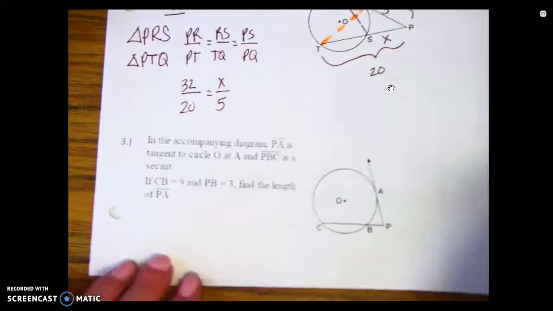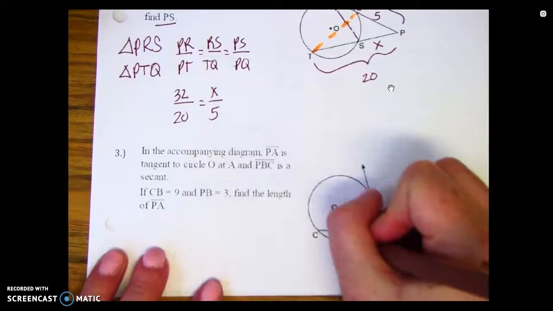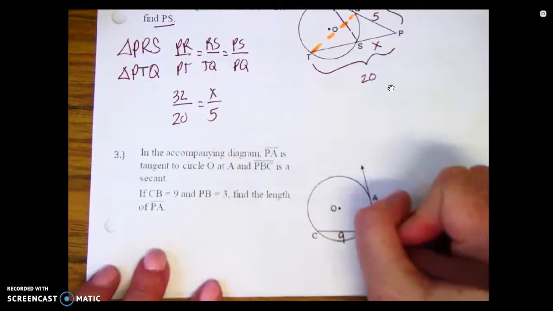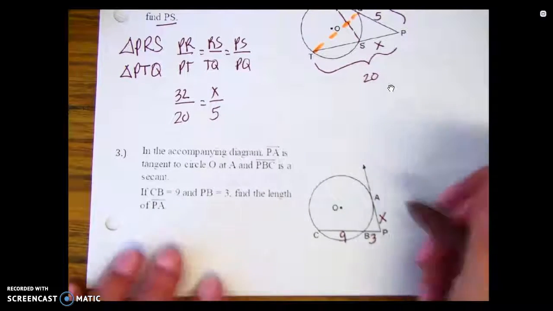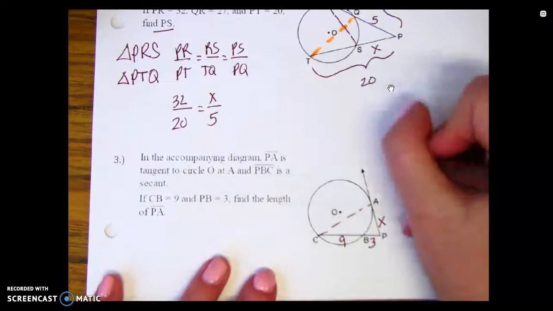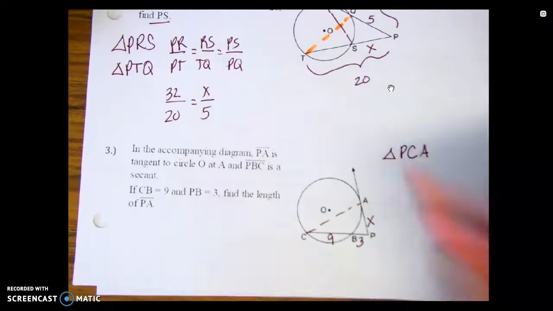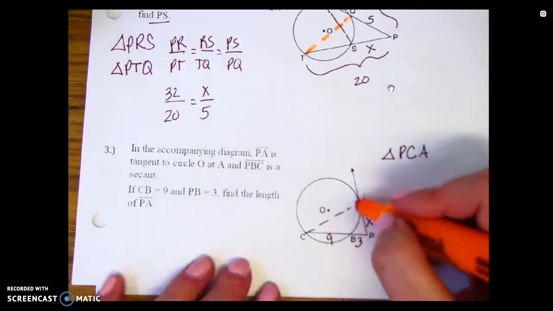Last one. Now I have a tangent and a secant. CB is 9, PB is 3. They want to find PA. So again, I connect my secant and my tangent first. So triangle P, inscribed A. Then I go to the point of tangency.